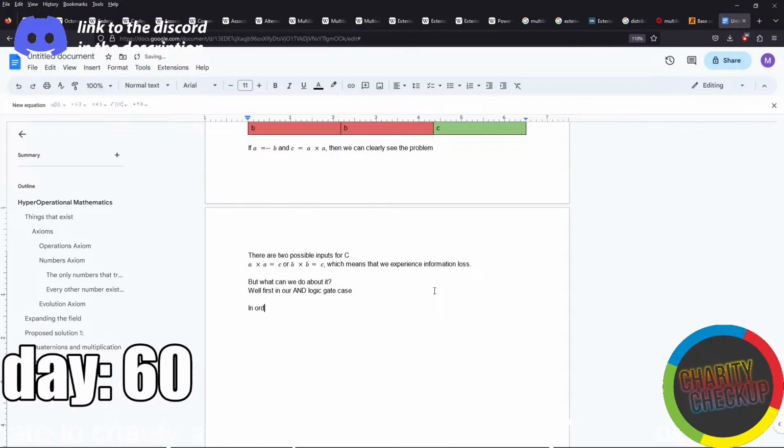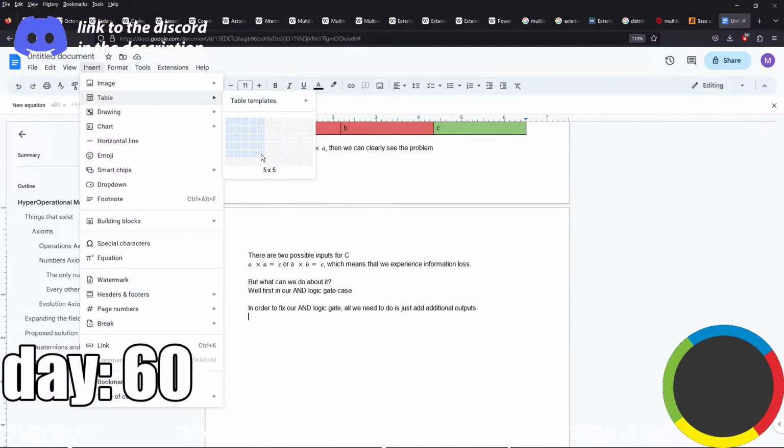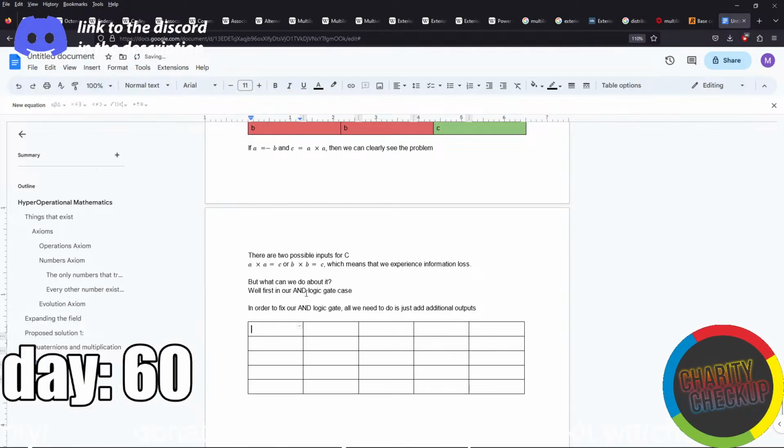In order to fix our AND logic gate, all we need to do is just add additional outputs. Yeah, I will do it with 3 additional outputs. It's easy and I'm lazy, so yes.